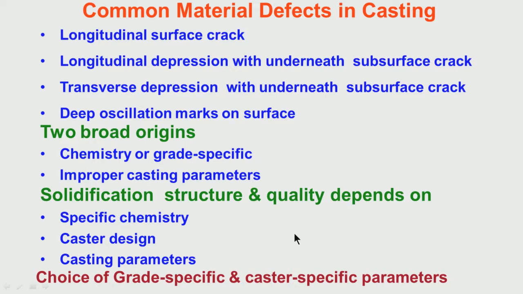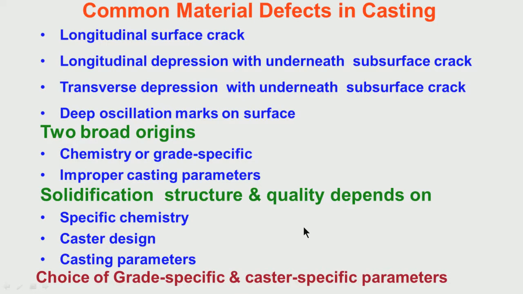If it is a bow type, there is a possibility in the regions near the inner radius surface, the solid surface near the inner radius, that there might be some entrapment, because whatever inclusions are floating might get entrapped in those areas. But in a vertical mold, they will go straight up vertically and get absorbed at the mold slag surface. So the caster design is important.